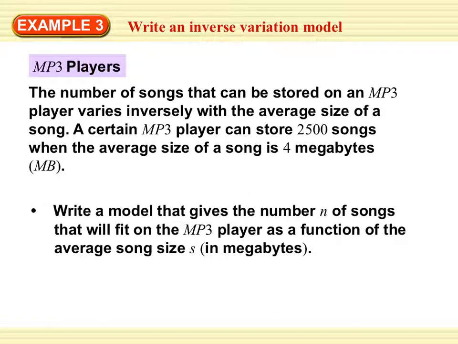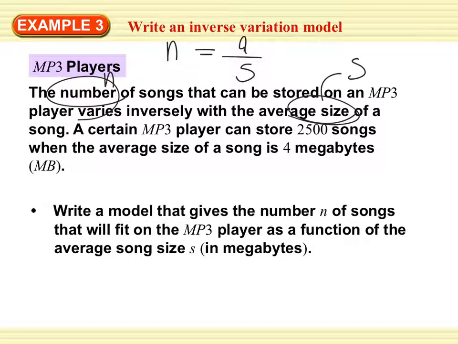Let's put that into a word problem. The number of songs that can be stored in an MP3 player varies inversely with the average size of the song. So the number of songs is N and the size of songs is S. A certain MP3 player can store 2,500 songs when the average size of the song is 4 megabytes.